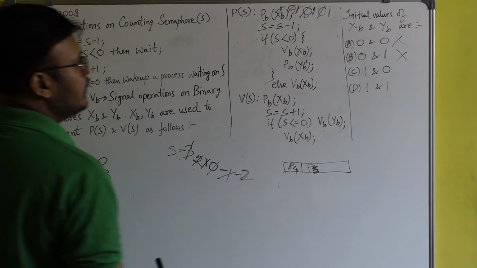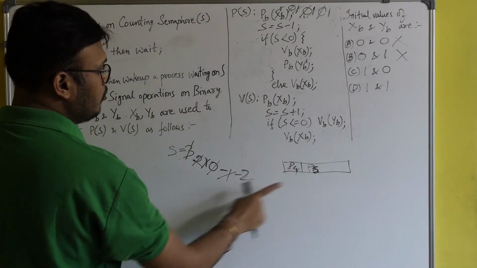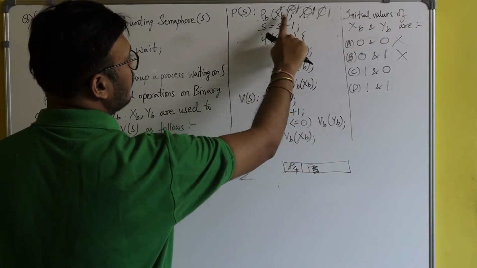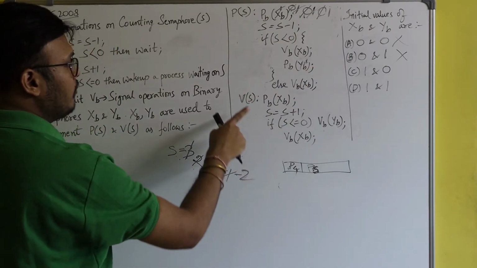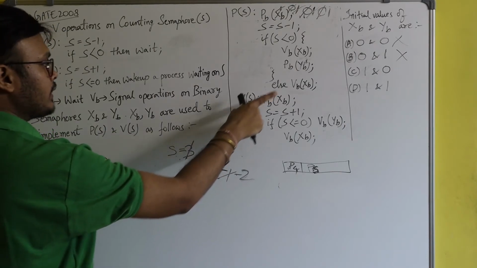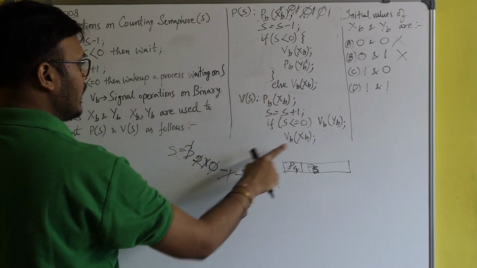Here you can see that before getting blocked, P5 made the value of XB as 1. Since the value of XB has become 1, now P1 will successfully execute this exit section code.